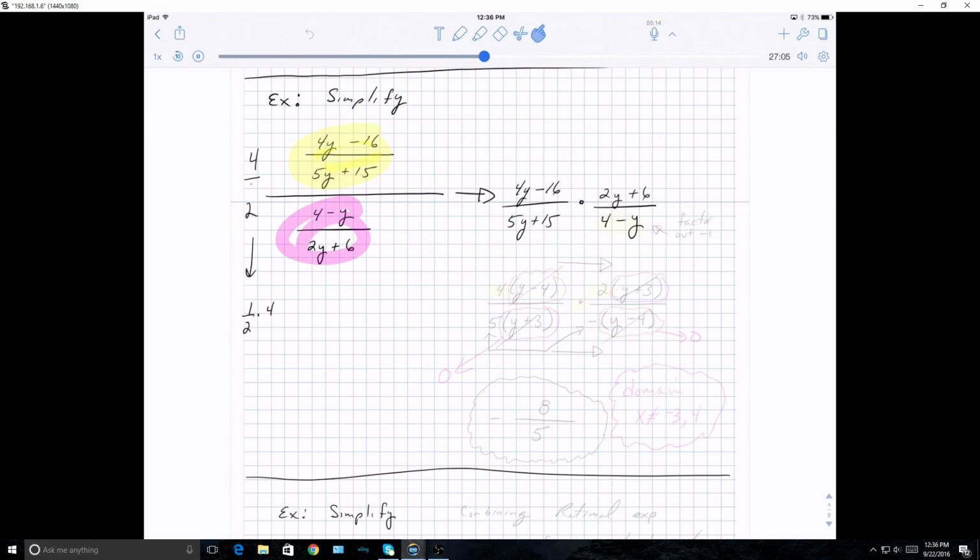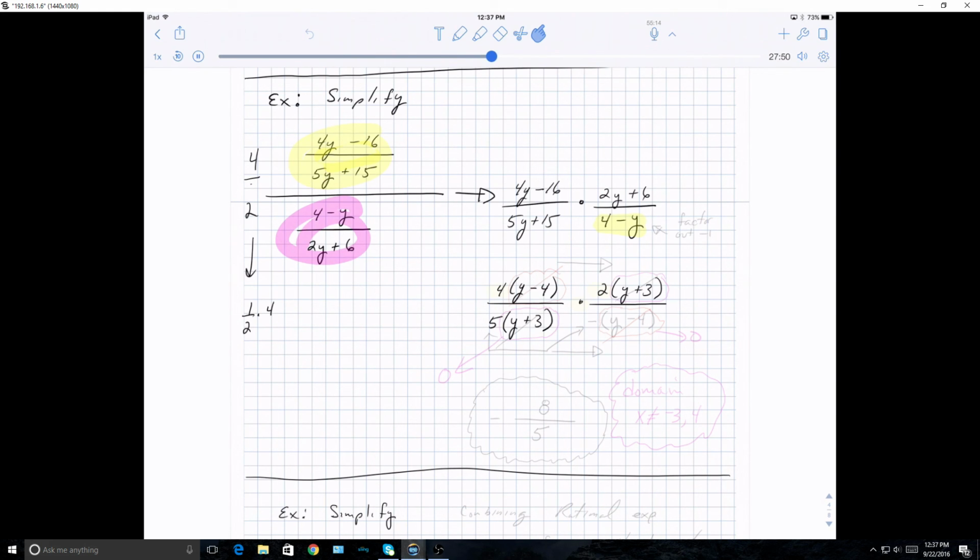Alright, so now, what other things can we do to this? Well, we could factor out the 4 from the top, and we could factor out a 5 down here, and we could factor out a 2 from here. Looks like we have some interesting stuff going on now. And then this looks a little interesting here. I wonder if we can play a little game.